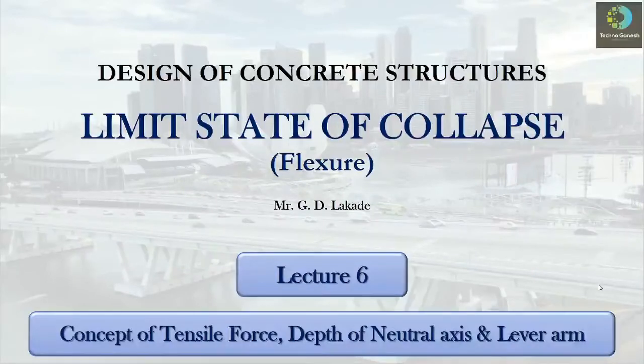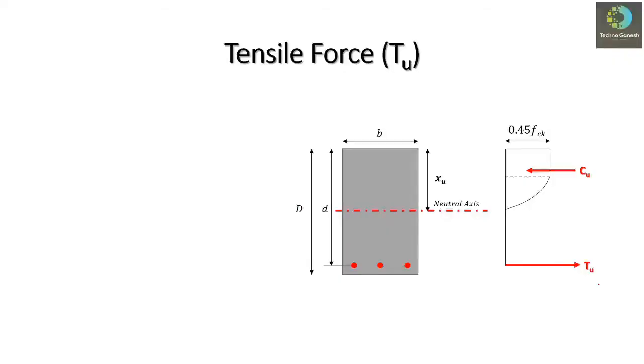This is lecture number 6, and in this lecture we are going to discuss the concept of tensile force, depth of neutral axis and lever arm. As in the previous lecture, we discussed the compressive force, Cu, which equals 0.36 fck into Xu into b.